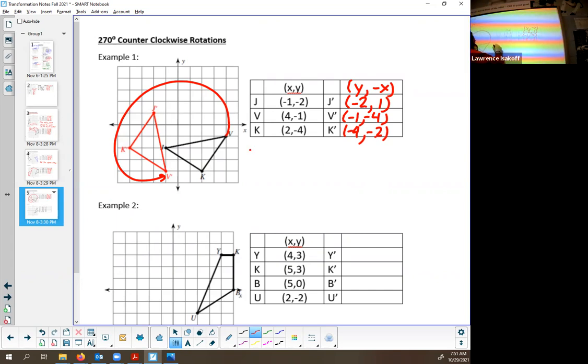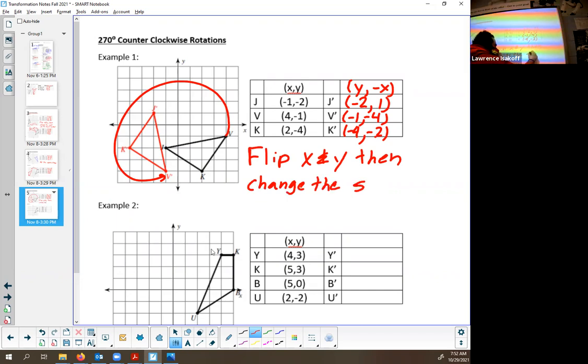So what we want to do here, very similar to 90, is we flip X and Y, then change the sign on the back number.